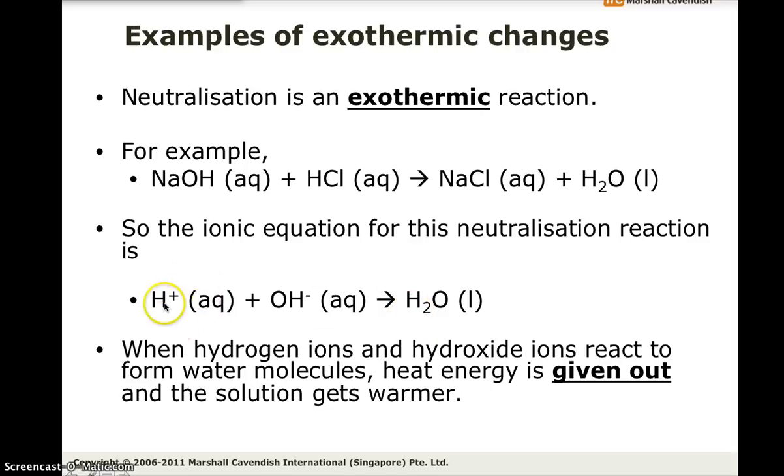The hydrogen ions come from the acid, the hydroxide ions come from sodium hydroxide, and they react to form water molecules. Heat energy is given out and the solution gets warmer. The solution is the surrounding, so the temperature of the surrounding increases.